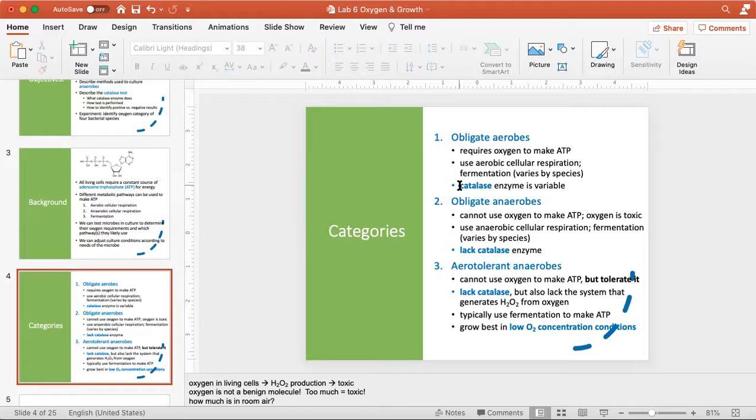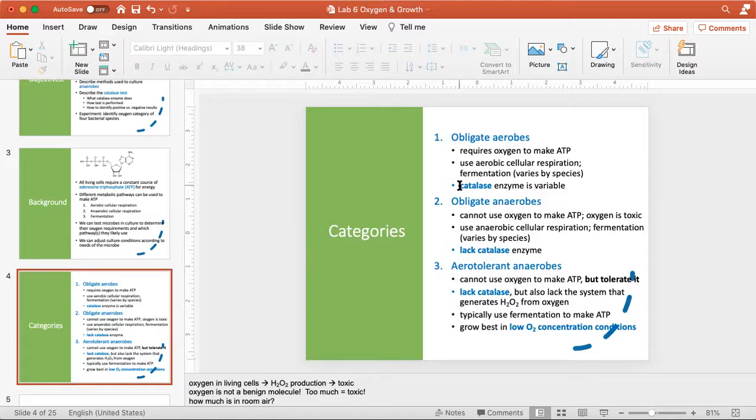Free radicals are an important part of inflammation and things like aging of cells. But another toxic oxygen byproduct is hydrogen peroxide. And hydrogen peroxide is toxic to living cells. So it needs to be broken down. So obligate aerobes have catalase. We expect them to have a positive catalase test.